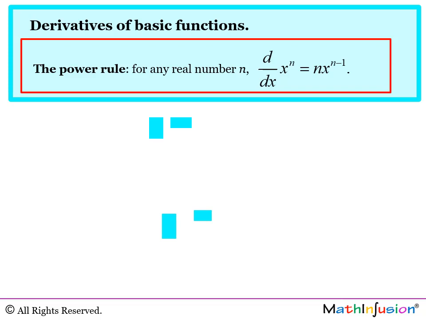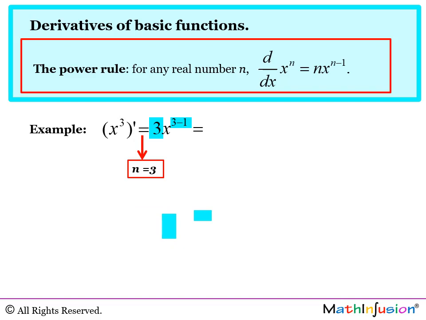We are calling this the power rule. For any real number n, the derivative of x to the power of n is n times x to the power of n minus 1. We need to practice that. When you see anything, you just have to figure out what is n. Here definitely n equals 3, so we are going to put this one here.